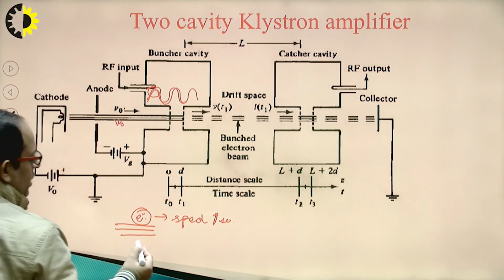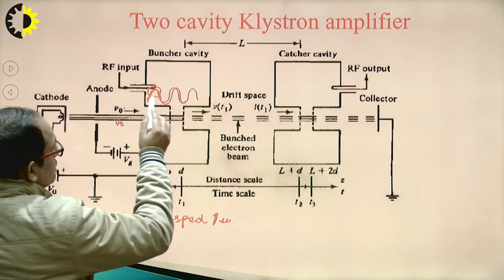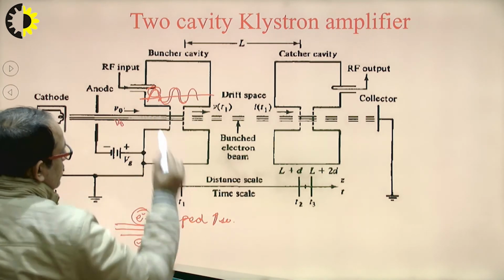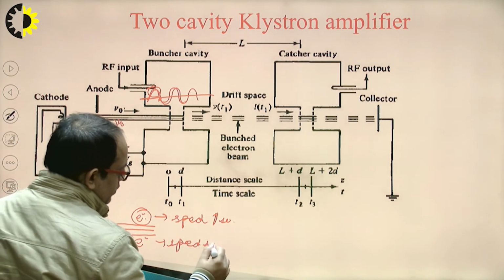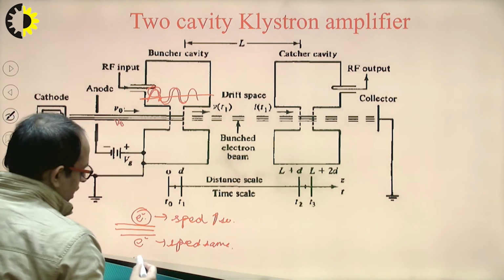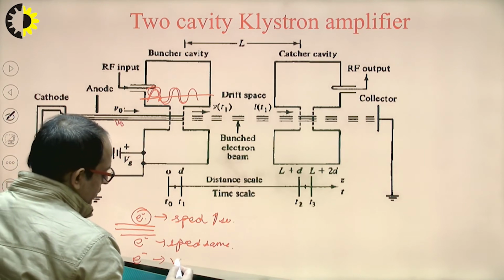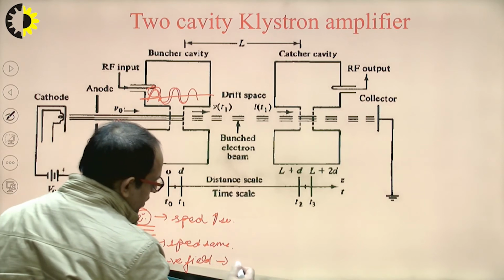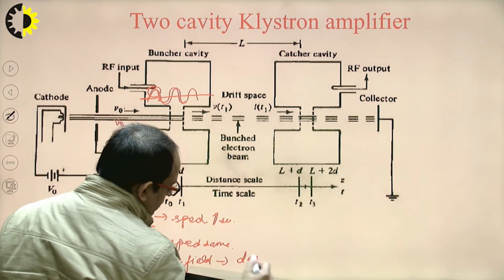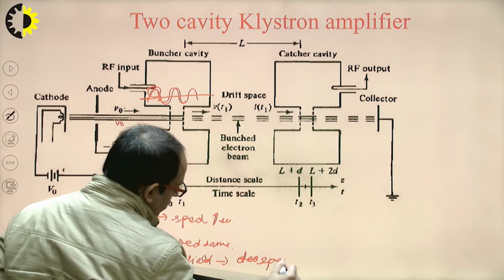When it interacts with the zero point, the speed remains the same, and when the electron interacts with the negative field, it is decelerated, meaning the speed slows down.